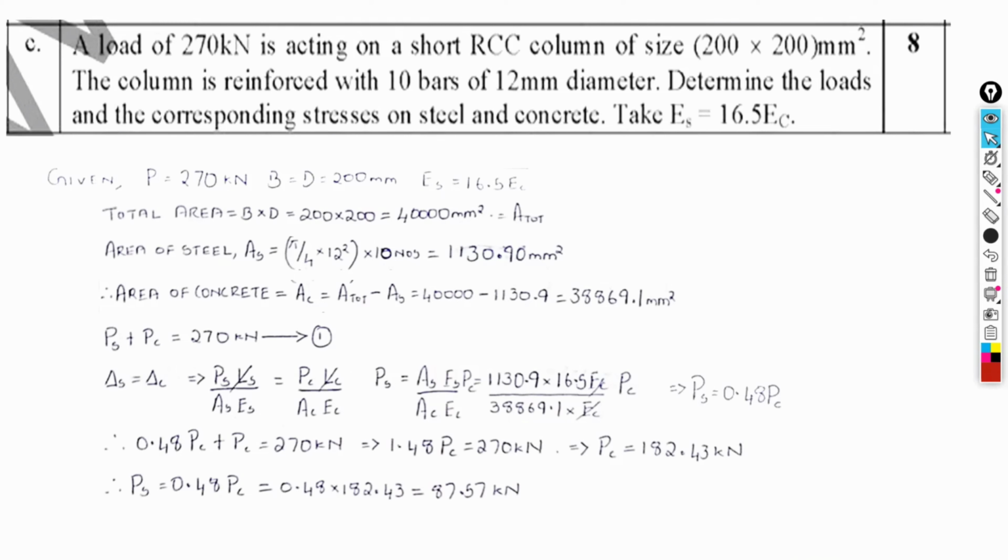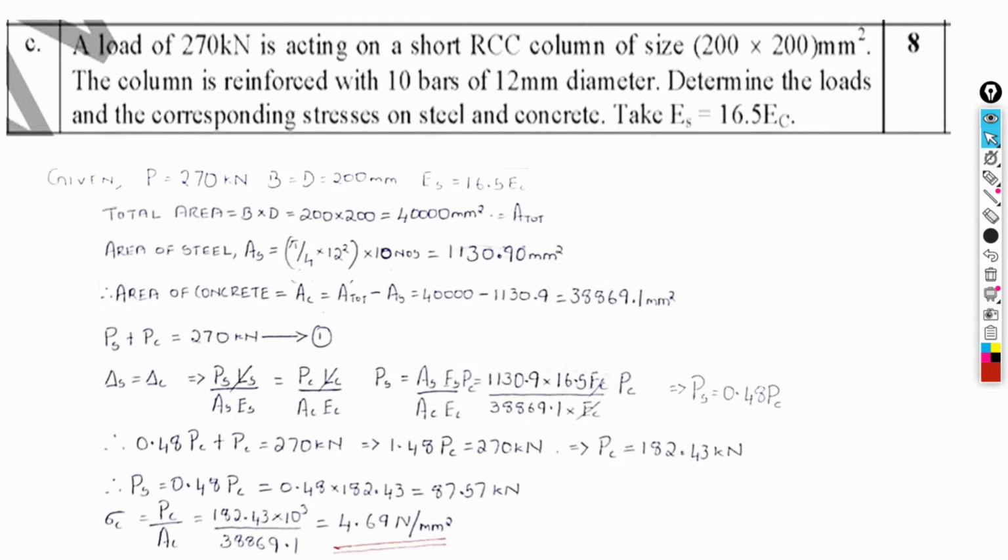If you have any doubt in this question, you can ask in the comment section. Now we have to calculate the stresses on steel and the concrete. So sigma C equals PC divided by AC, that is, stress equals load by area. Stress on concrete equals load on concrete divided by area of concrete. That is equal to 182.43 into 10 raised to 3 divided by area of concrete section, 38,869.1.